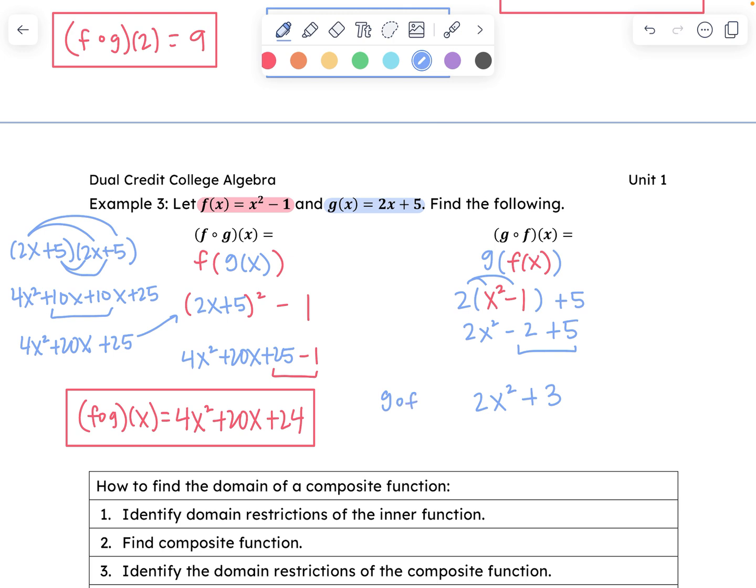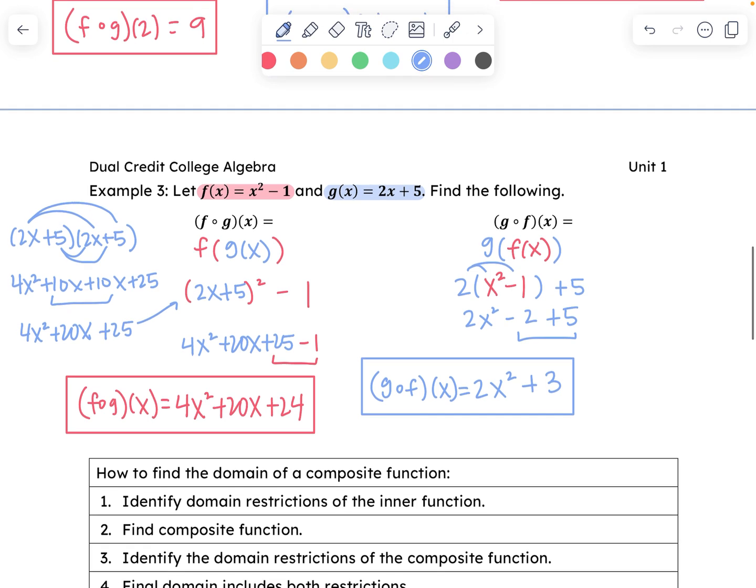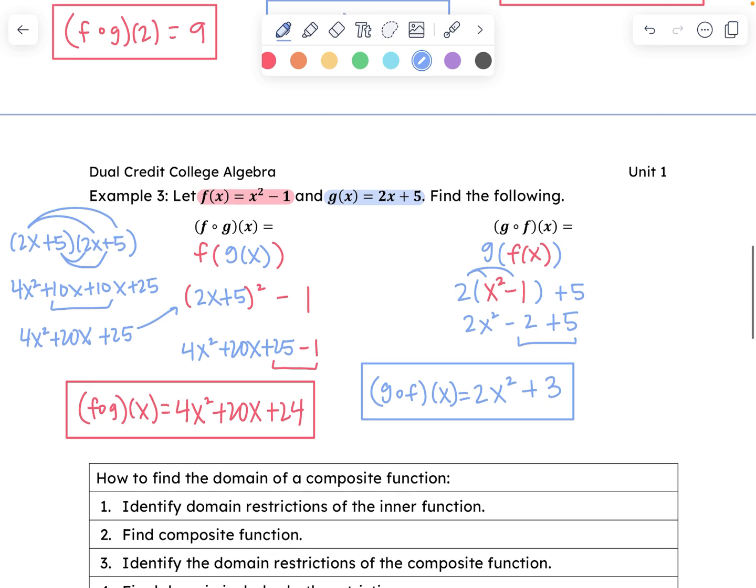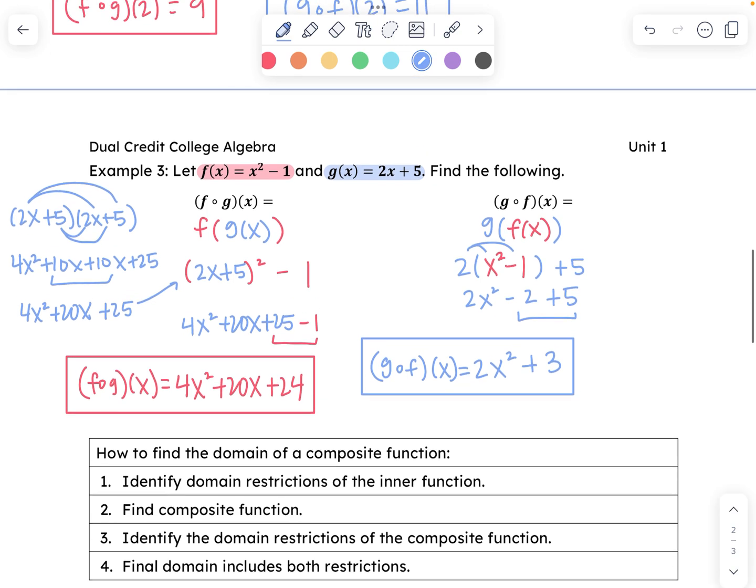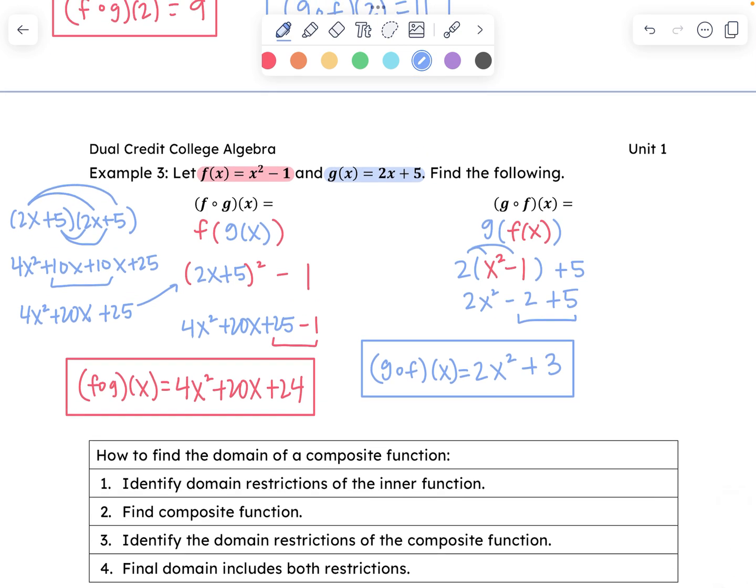G of f of x is 2x squared plus 3. So that looks a little bit shorter than the other one, a little bit less work because we didn't have to square.